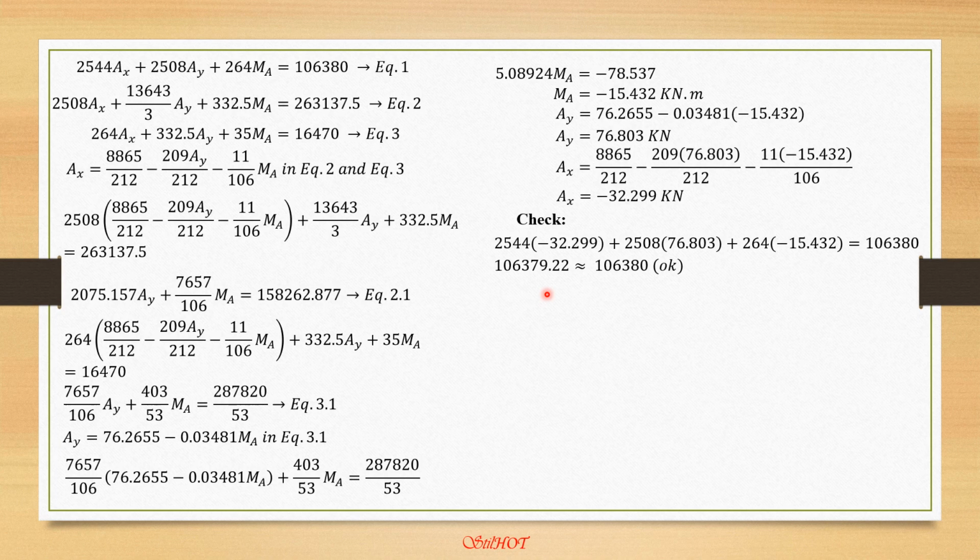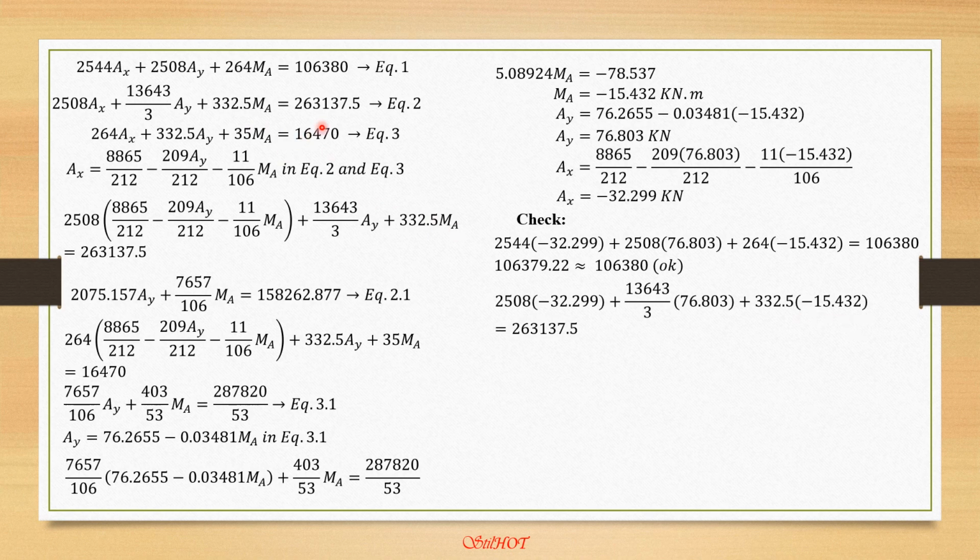Of course, we cannot expect that they are exactly equal. They are just approximately equal because we rounded off values of MA, AX, and AY. Then in equation 2, 2508 times negative 32.299 plus 13640 over 3 times 76.803 plus 332.5 times negative 15.42.